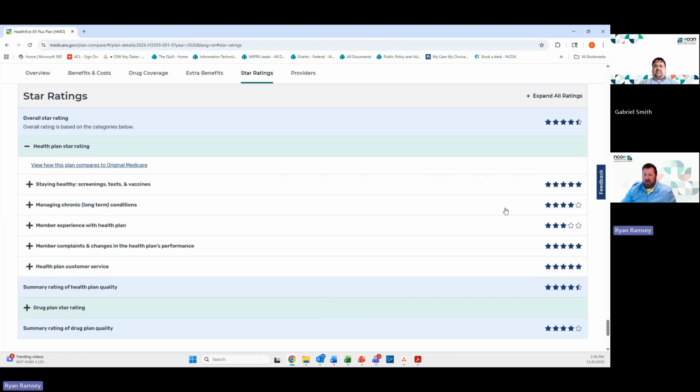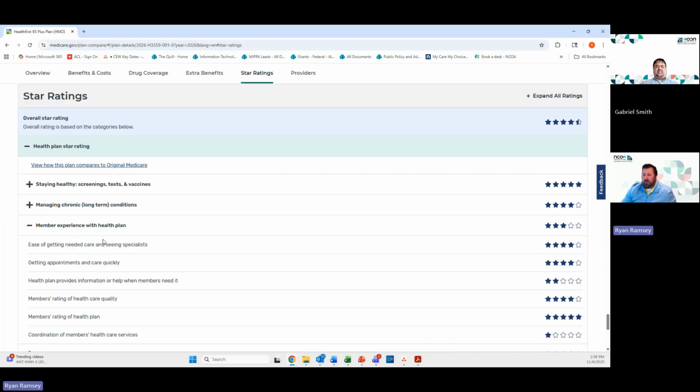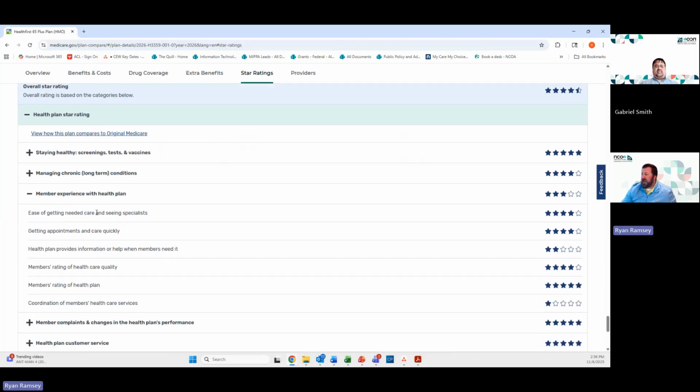The higher means the better that consumer experience has been. Managing long-term conditions, members' experience with the health plan, whether that being the ease of needing care and seeing specialists, getting appointments quickly, that it's providing information or helps members when they need. That's dragging them down a little bit.